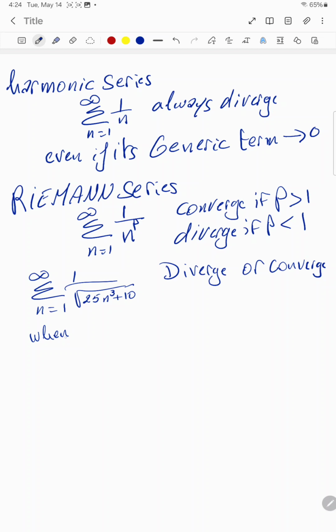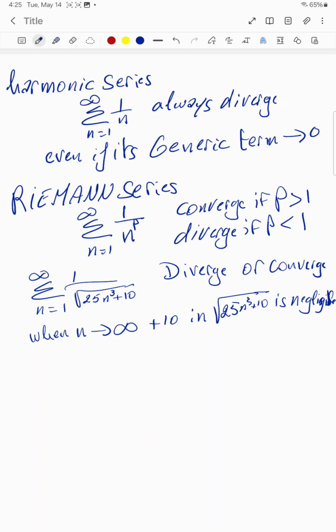When n goes to infinity, the plus 10 in the square root of 25 n to the power of 3 plus 10 is negligible, because infinity plus 10 is infinity.